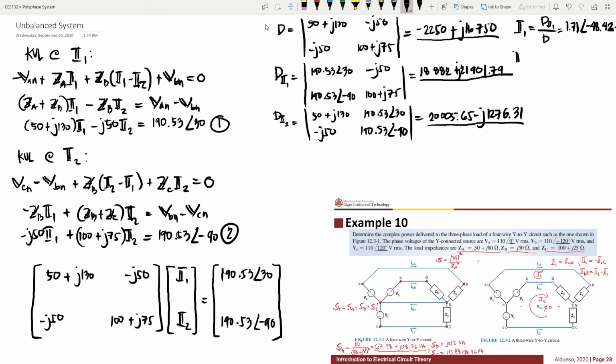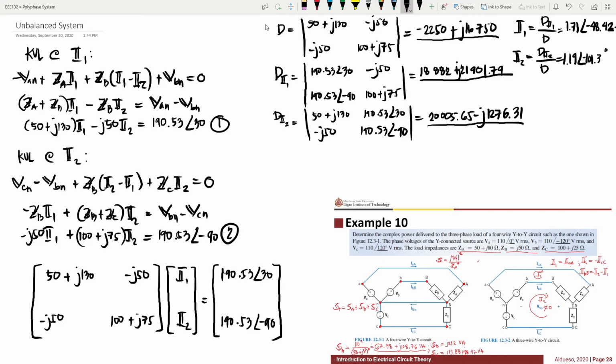Now for I2, D sub I2 over D is equivalent to 1.19 angle of negative 101.3.